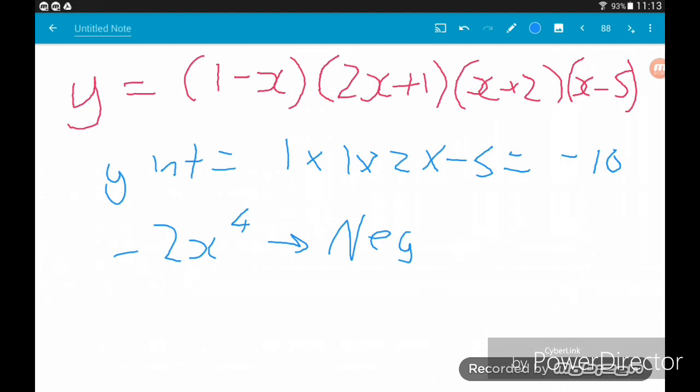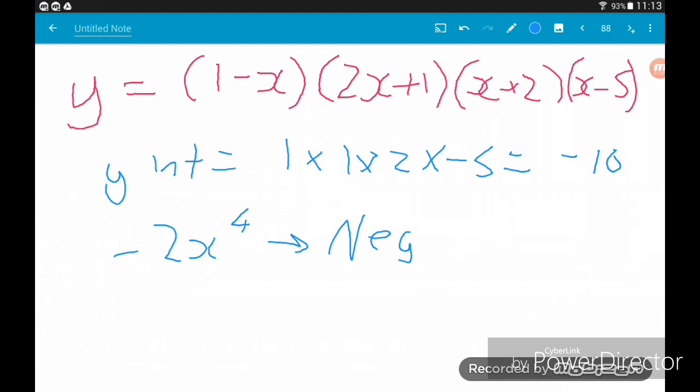Now we need our solutions. Remember to get your solutions, set whatever is inside each bracket equal to 0, and then solve for x.